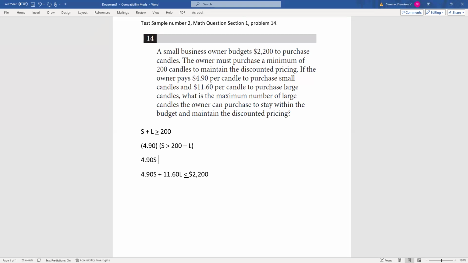Plus, greater than or equal to 200 times 4.90 minus, I'm distributing the 4.90, 4.90 times 1L, or just L.